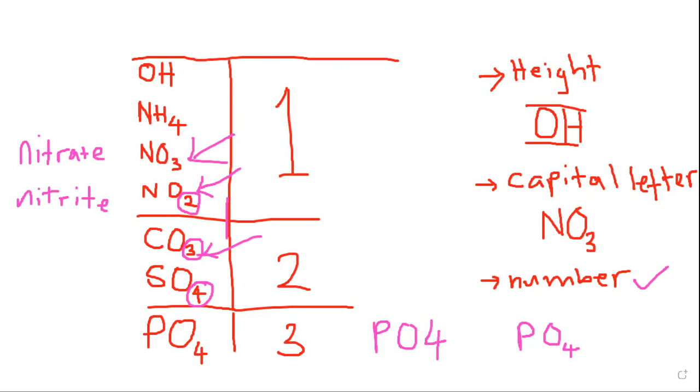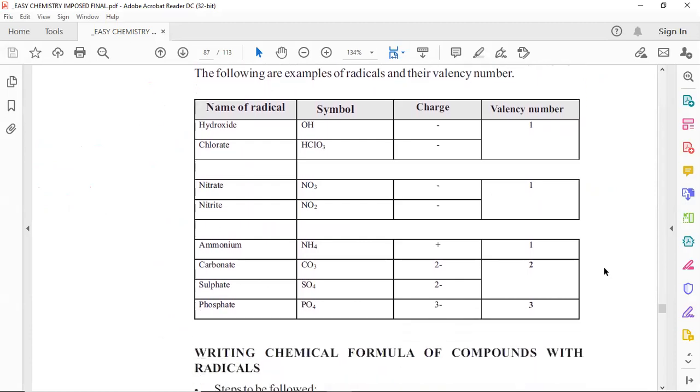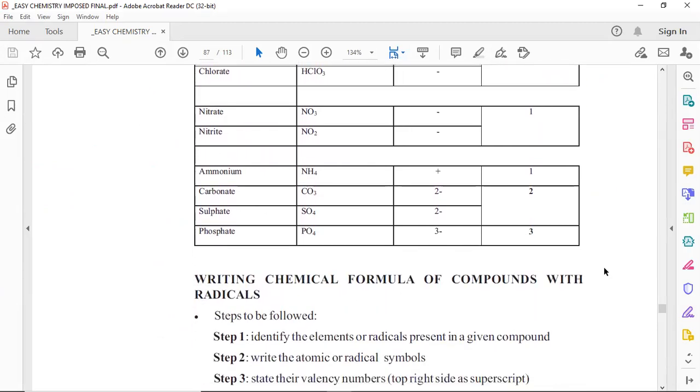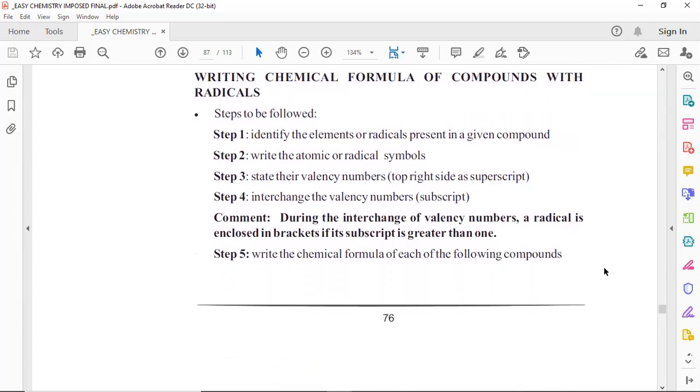Now let's look at how to write chemical formulas involving radicals. What are the rules? These are the steps that we need to follow. Identify the elements or the radicals present in a given compound.